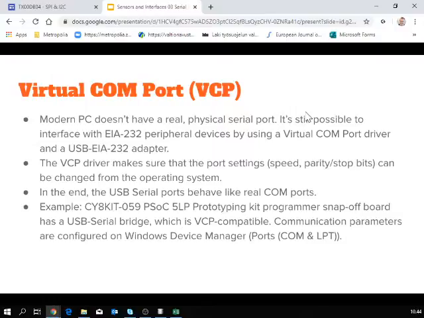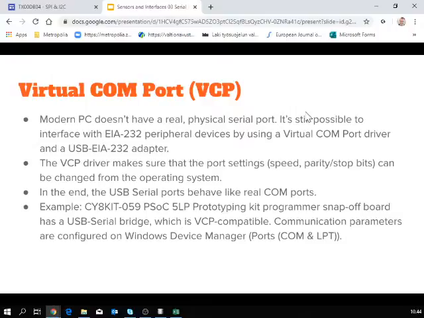Modern PCs haven't had the physical RS-232 ports for 10 years. Maybe for desktop computers you can still buy one used.